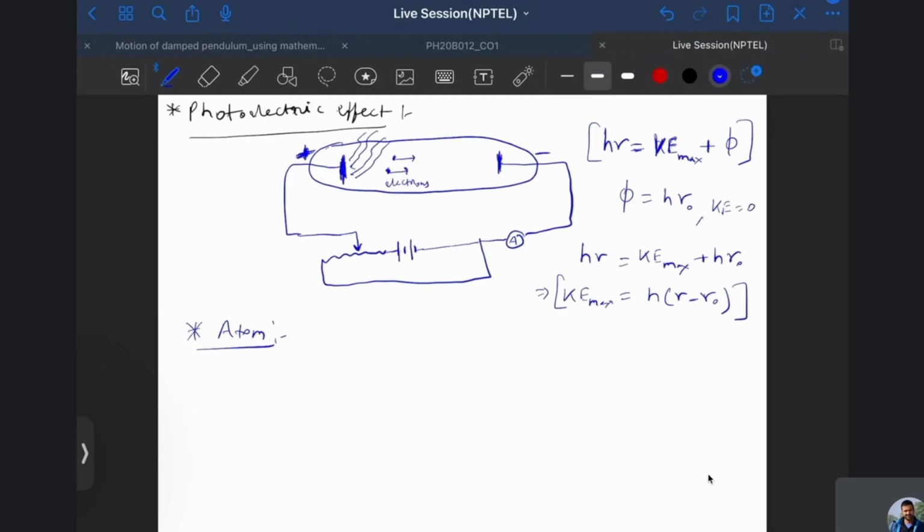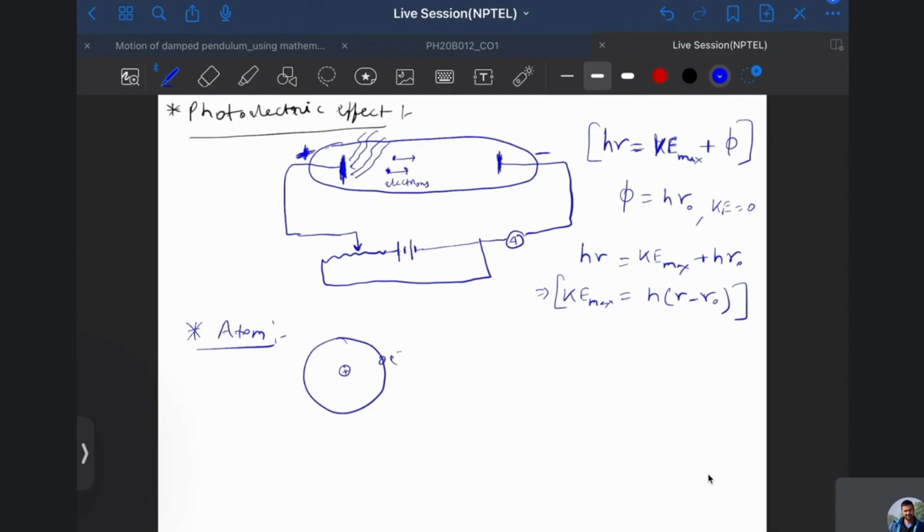So let me write the total energy. Suppose, let's first take a hydrogen atom, okay? So this is a nucleus, and you have one electron here.